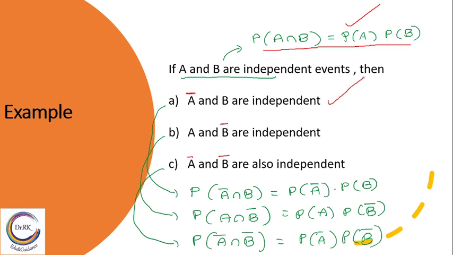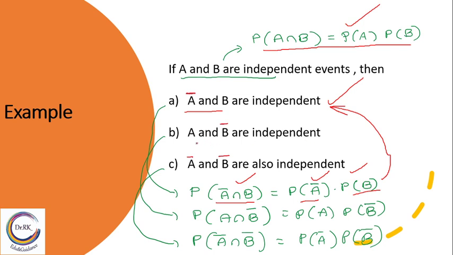When can we say so? On the same lines, if we are able to prove P of A bar intersection B, that is the intersection of both these events, equals, that is joint probability equals the product of separate probabilities, P of A bar into P of B. If this condition is satisfied, then we say A bar and B are independent events.